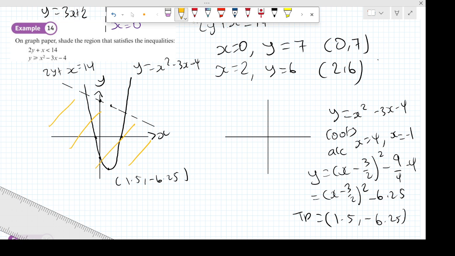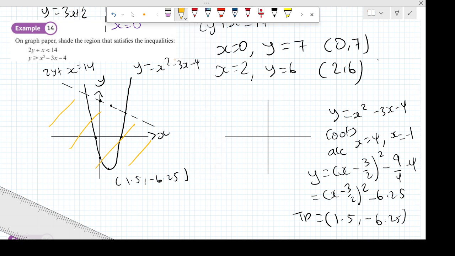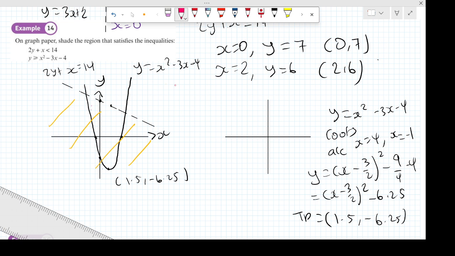Then we need to consider the other inequality, y greater than or equal to x squared minus 3x minus 4. That part of the graph is going to be above the quadratic curve. So this region here is both above the quadratic and below the line, which is in orange.